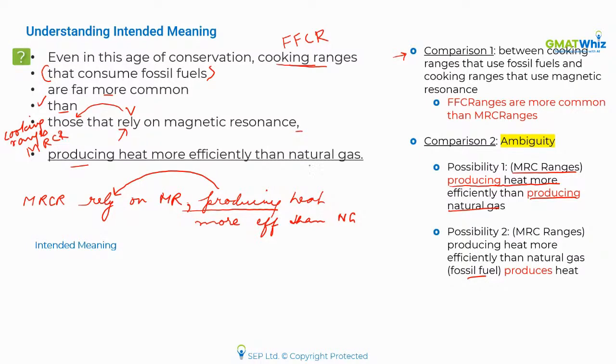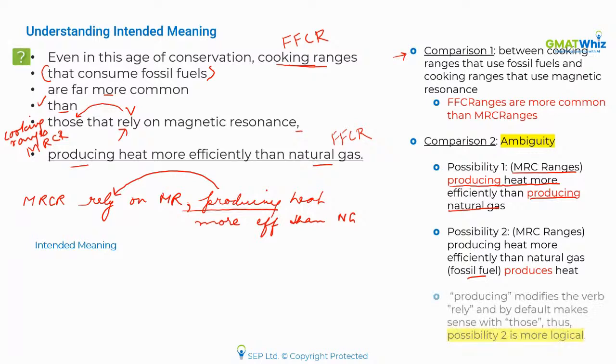So the natural gas word here is probably representing the fossil fuel cooking range. Okay, so it seems more logical to believe that it is the magnetic resonance cooking range which is producing heat more efficiently than the natural gas cooking range produces heat.